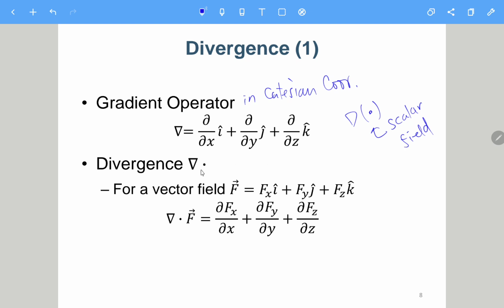Okay, so with this one, we can define the divergence. The divergence is the gradient with an inner product. It can operate on something else, and actually, it can operate on a vector field.